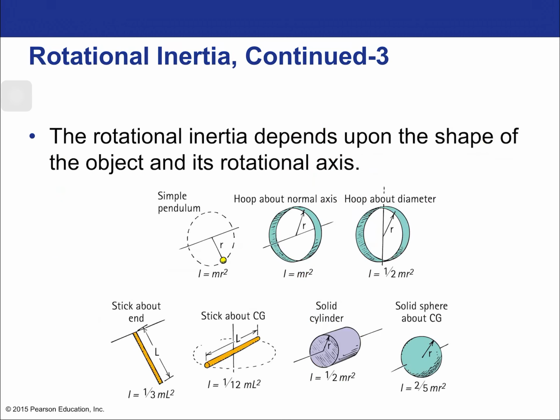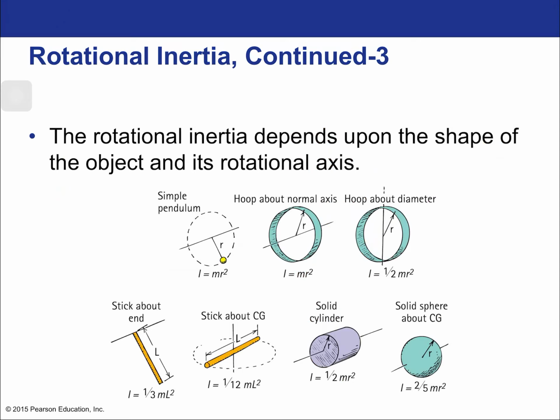Okay? Now, perhaps the most dramatic example of this is just comparing between everyday rolling objects and thinking about which ones roll the easiest, okay? So we have here some common objects and their rotational inertias in formula form.